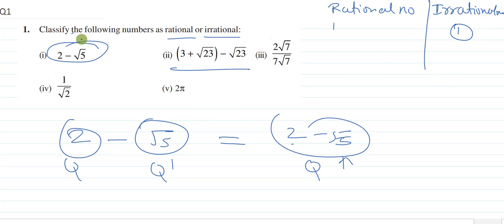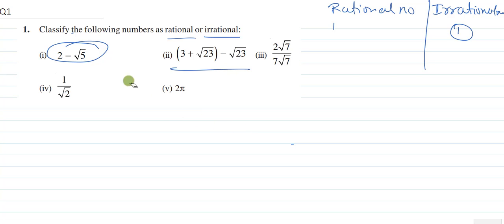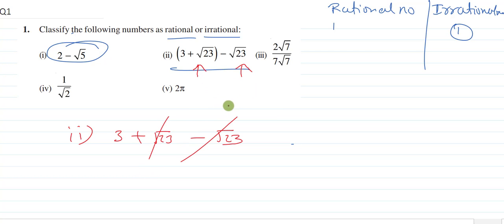So the first question is of the irrational number category, right? Now check the second one. If we solve the second one, what will I get? 3 plus root 23 minus root 23, right? This will get cancelled. This is an irrational number. This is also an irrational number.